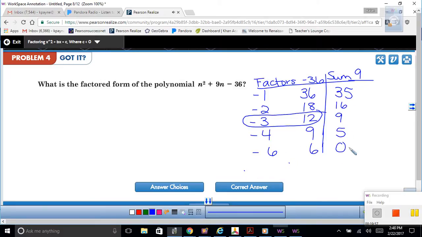But all of our sums, with the exception of 0, were positive because we put our negative on the smaller number. So factored form is n is our variable this time, minus 3, times n plus 12, because that's a positive 12. And again, you could FOIL that to check it.